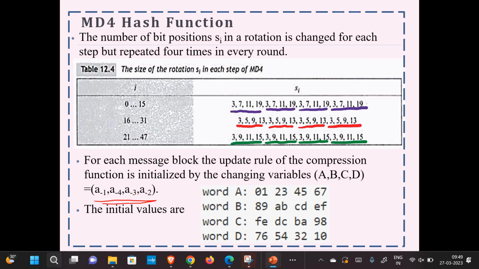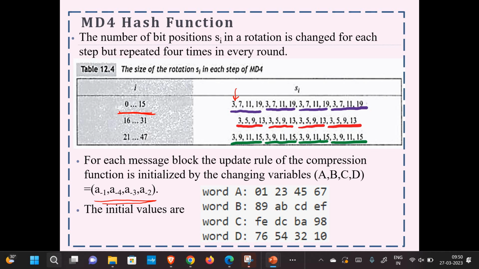Here what happens, you can see, if it is between 0 to 15, this is the nature. You can see that there is a repetition: 3, 7, 11, 19. So it's like which state you are in. Suppose you are at state 0, then left shift by 3 bits.